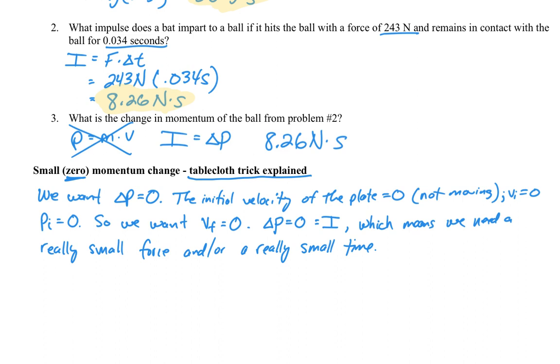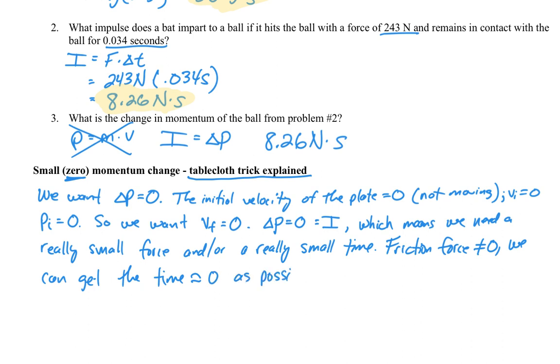So even though we have a friction force that won't be zero, we can get the time as close to zero as possible by pulling very quickly.